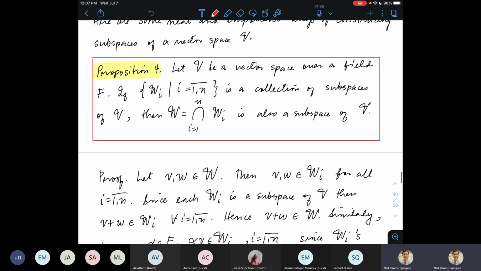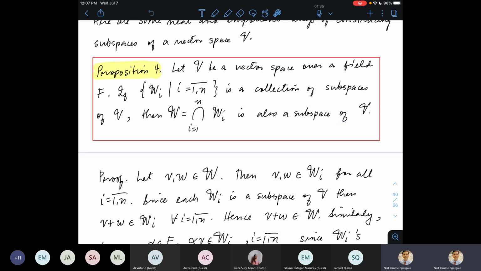Proposition 4 is claiming that the intersection, which I call curly W, of some collection of subspaces is also a subspace of the vector space V. Again, we want to show that curly W, being the intersection of a collection of subspaces, is another subspace.